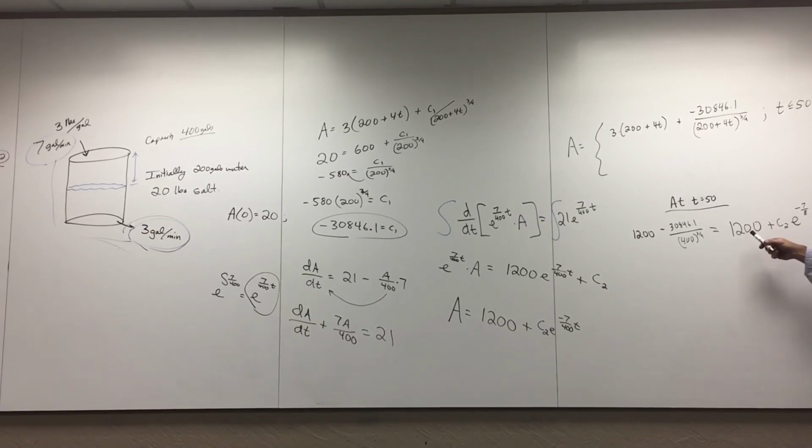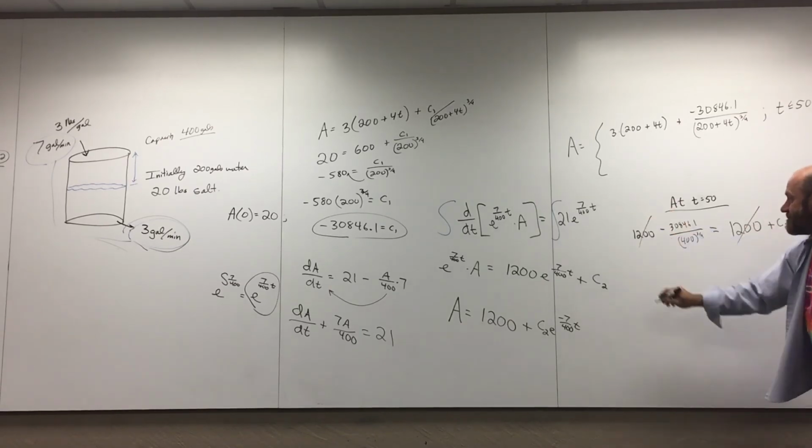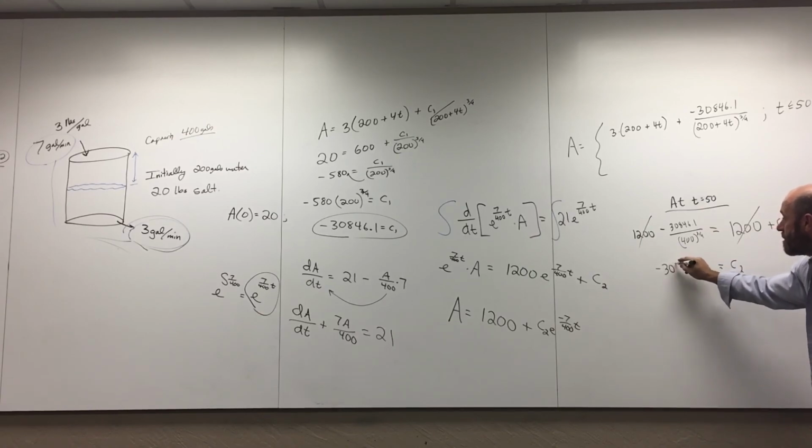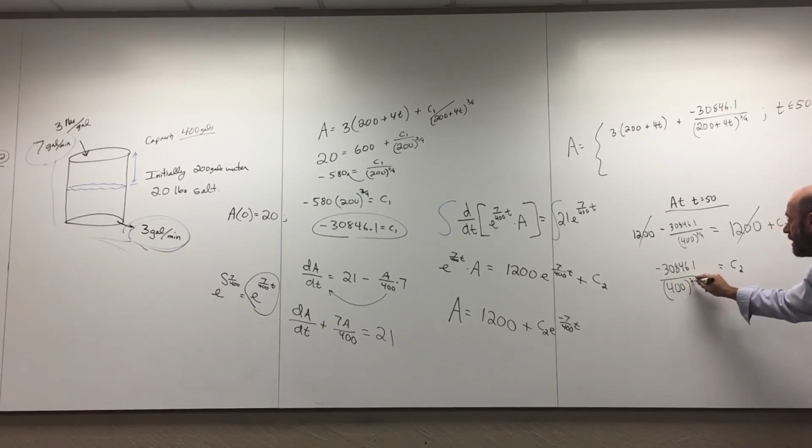Hey, these 1200s cancel. If you want C2, you can multiply by e to the 7/8. C2 is that nasty number times e to the 7/8, which I would like you to decimalize for me again, please.